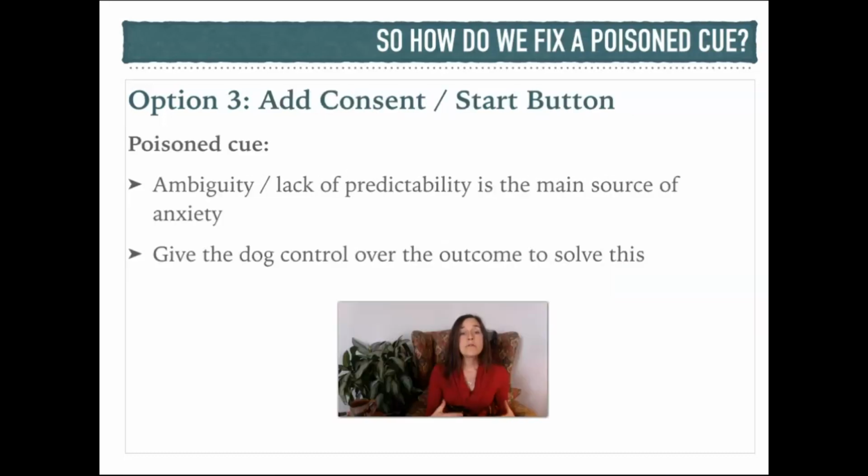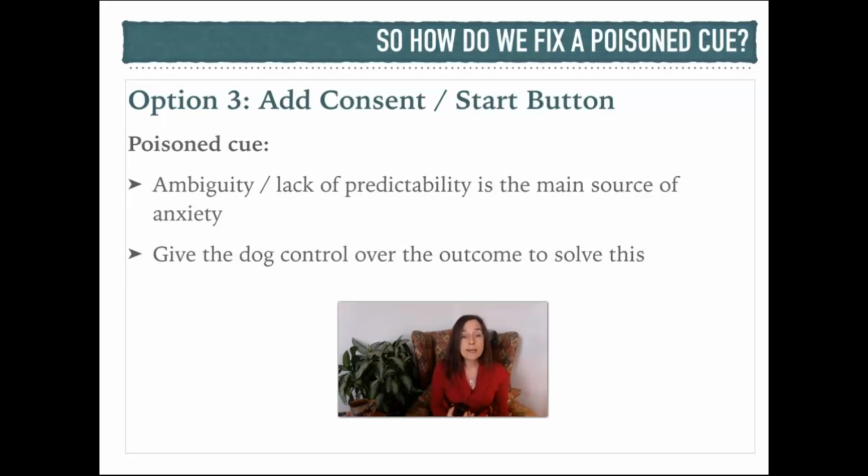The third and final approach that I'm going to share with you today to solving your poison cue problem is to add consent or a start button into your training. Now, as I explained, the biggest problem with a poison cue is not the fact that sometimes we're using an aversive. It's the fact that the dog can't anticipate its outcome. The dog doesn't know if her behavior is going to result in something good or something yucky.